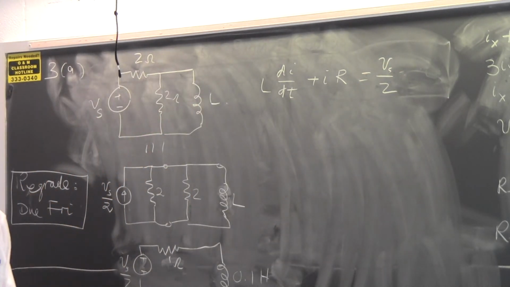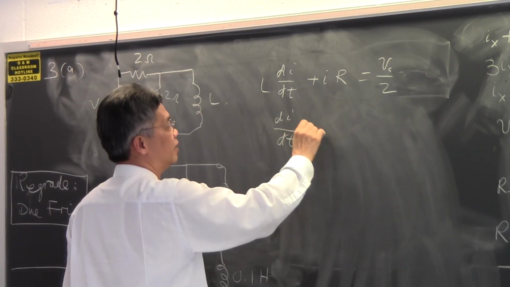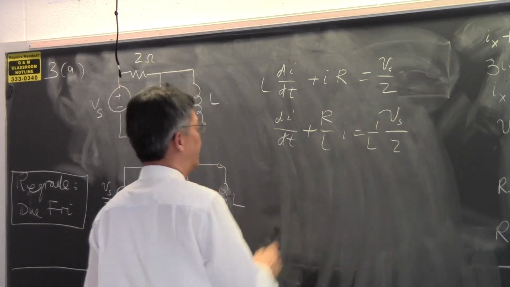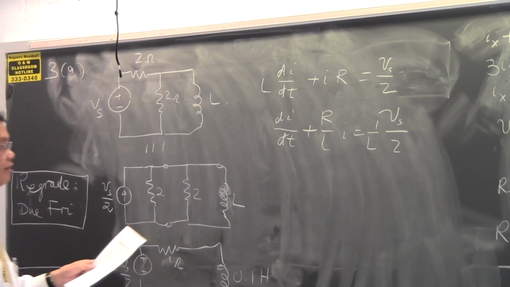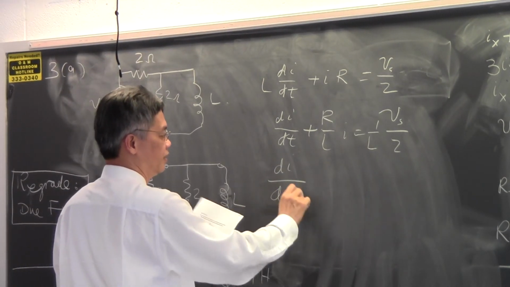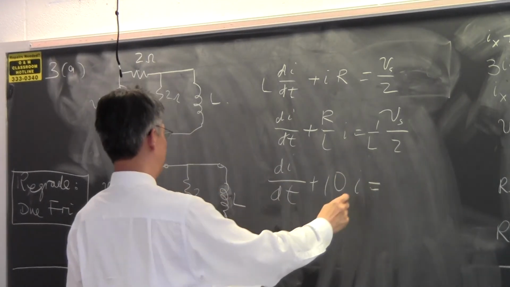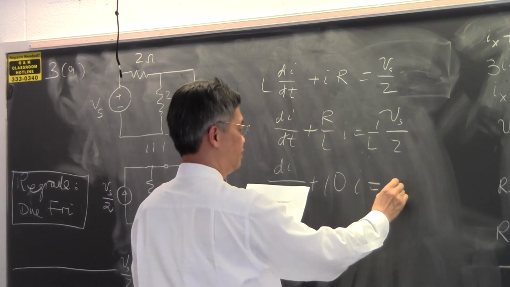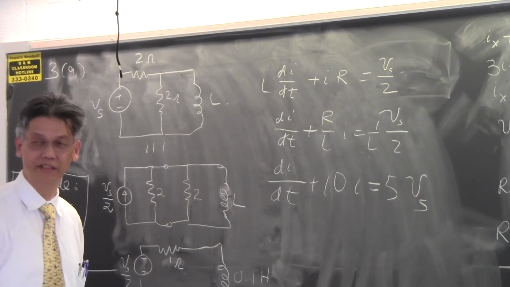This is just KVL. So you have di/dt plus R over L times I equals Vs over 2 times 1 over L. R is equal to 1, L is equal to 0.1, so you get 10 I. And then 0.1 times 2 is 0.2, so it is just 5 Vs. So this is the ODE.